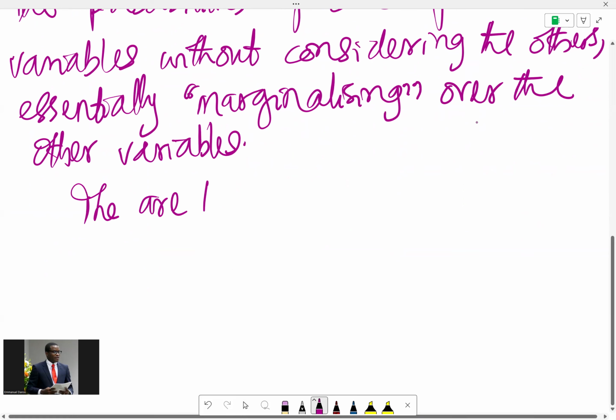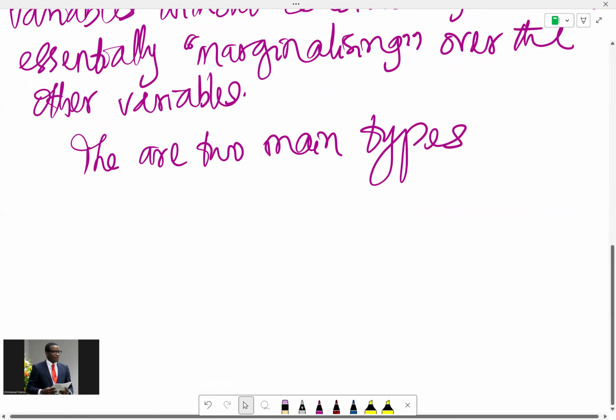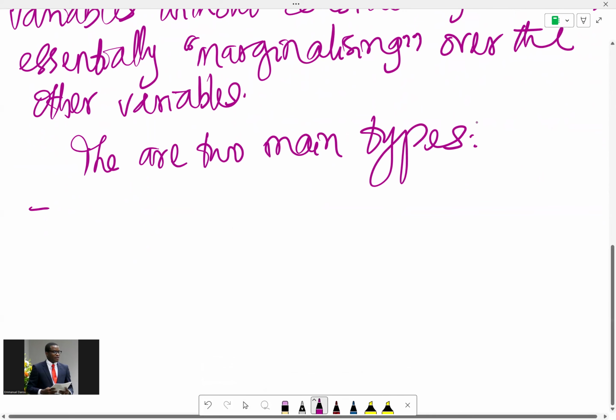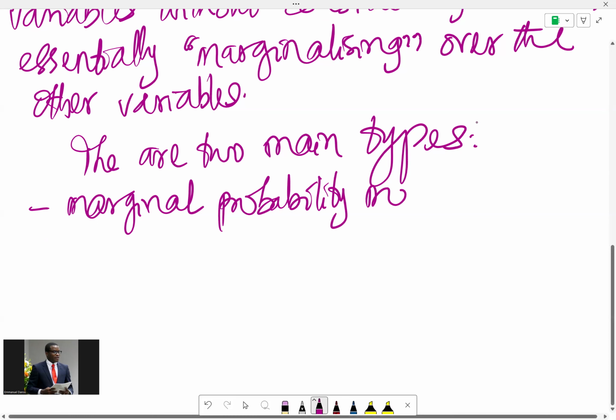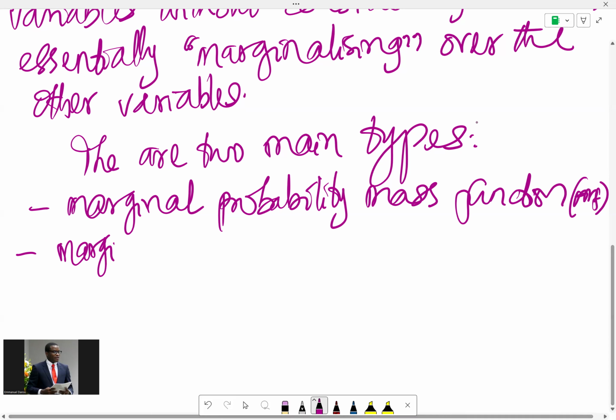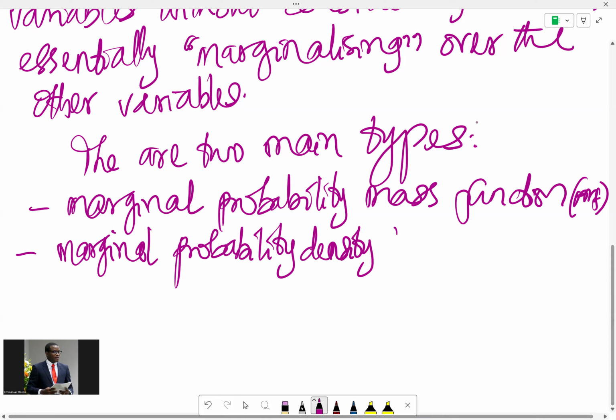So you have the marginal probability mass function, PMF, and then we also have the marginal probability density function, PDF.